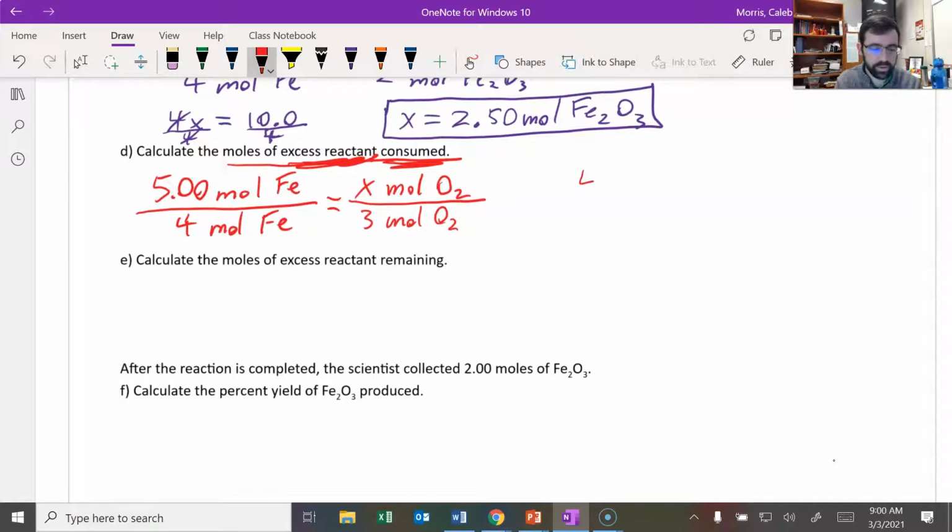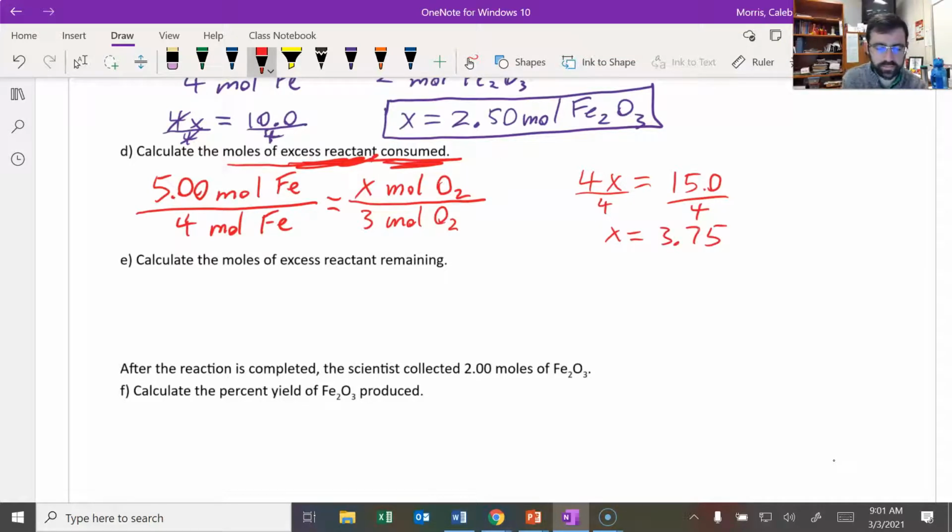Cross multiply, you end up with 4x equals 5.0 times 3, that's going to be 15.0. Divide both sides by 4. End up with 3.75.